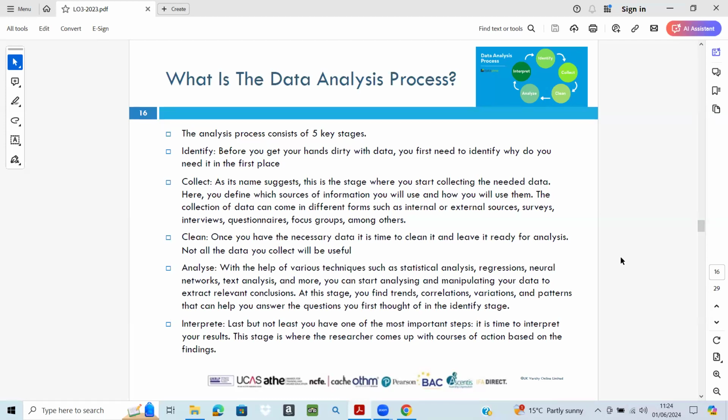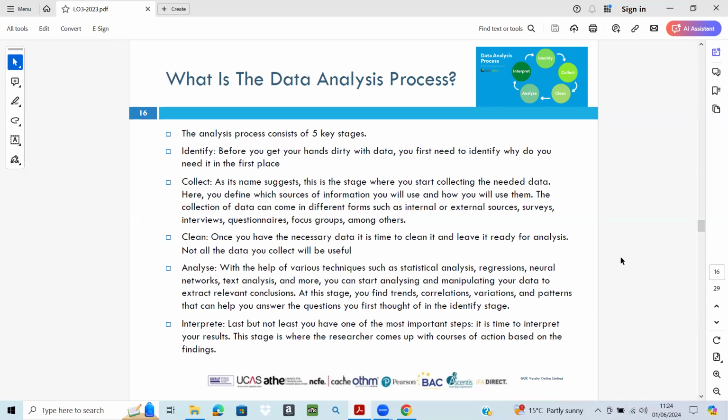Then the second one is collect. When we talk about collect, we have source selection. We need to decide on the sources of data that will be used in the analysis, be it internal databases, external repositories, surveys, interviews, questionnaires, or other data collection methods.